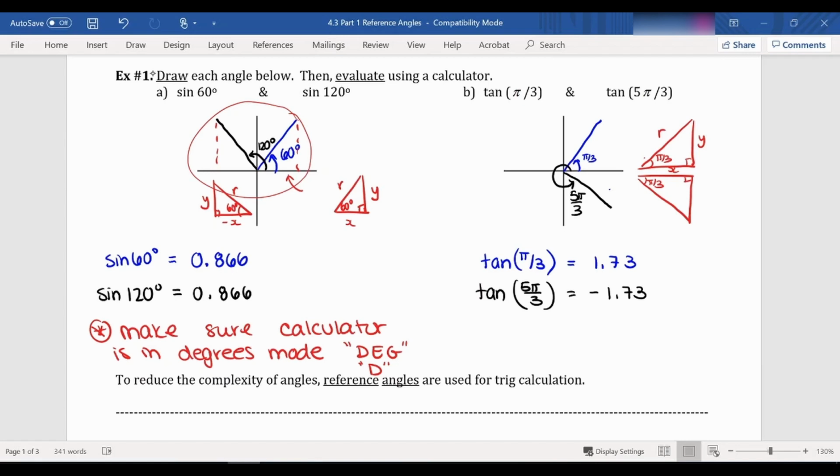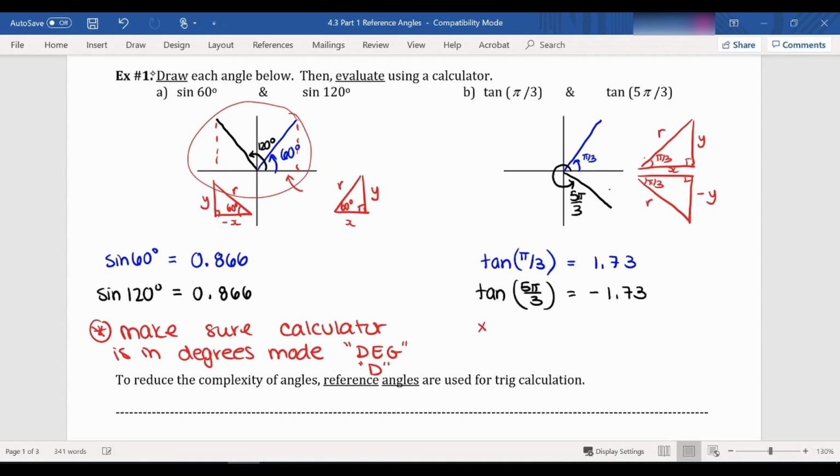My bottom triangle, I have my x, my r, but my y is negative. Tangent is opposite over adjacent. My opposite here would be y, my adjacent would be x. But for the bottom triangle, my opposite is negative y, my adjacent is x. And that's why the answer is negative instead of positive.